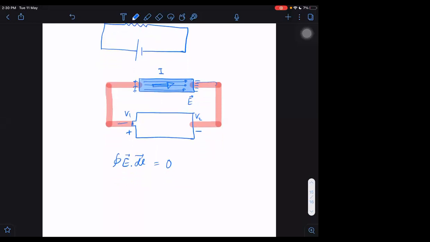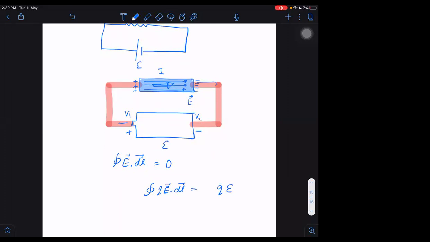What is the concept of a conservative field? A conservative field is one for which the work done in a closed loop is 0. That means the closed-loop integral of qE dot dl should be 0, then it is conservative. But here it is not happening that way, and we are already aware of it. We know that in the closed loop, the battery does work, and that work is equal to the charge supplied multiplied by the EMF of the battery.